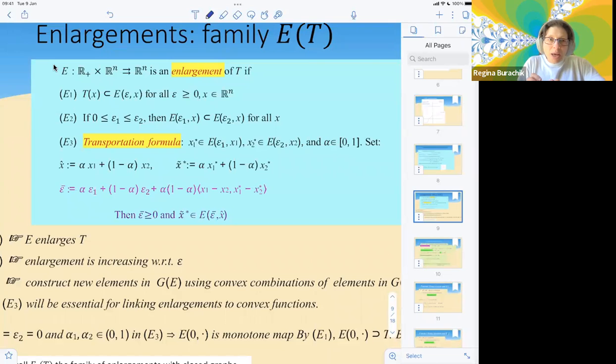So this tells you what you can say about a situation in which you already know that you have two elements in the graph.